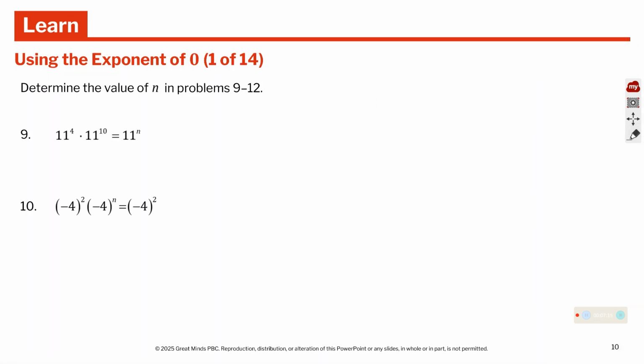In problems 9 and 10, and then 11 and 12, we're going to determine the value of n. 11 to the 4th times 11 to the 10th equals 11 to the n.